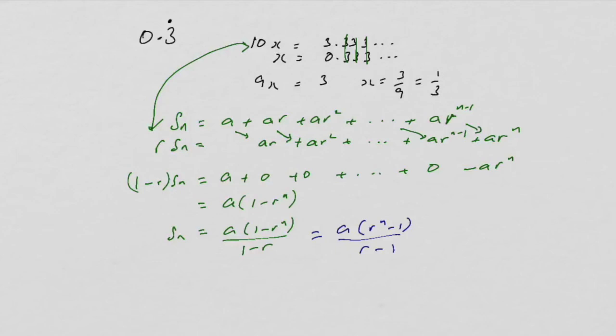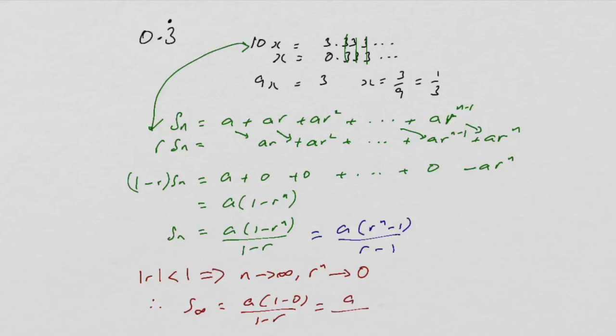If you were then asked to prove that S infinity, or the sum to infinity, is a over 1 minus r, you would say if mod r is less than 1, this implies that as n tends to infinity, r to the n tends to 0, therefore the sum to infinity is a times (1 minus 0) over 1 minus r, which is just a over 1 minus r. And there we are.